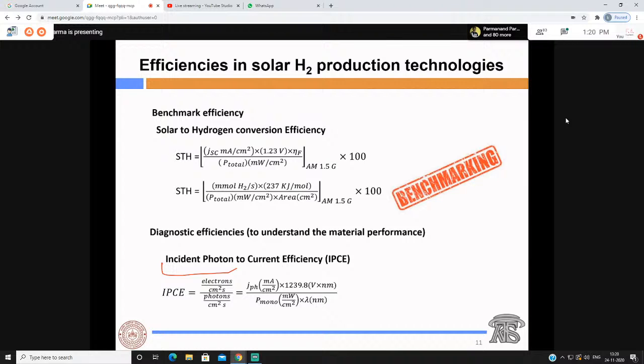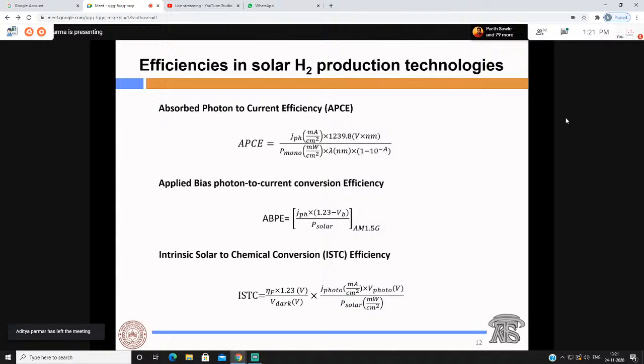To make it more correct, another efficiency is introduced, the absorbed photon to current efficiency. This is the amount of photons that is absorbed and converted to hydrogen or oxygen. Okay, so this is the formula for absorbed photon to current efficiency. These are a few efficiencies related to a system when we shine a light.